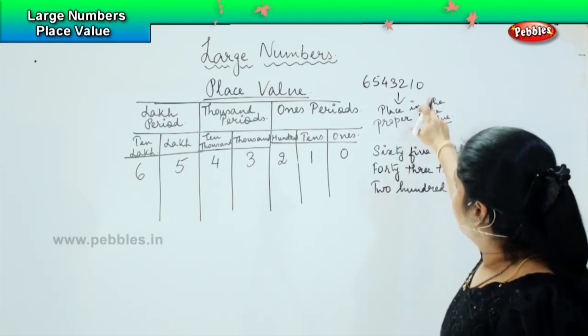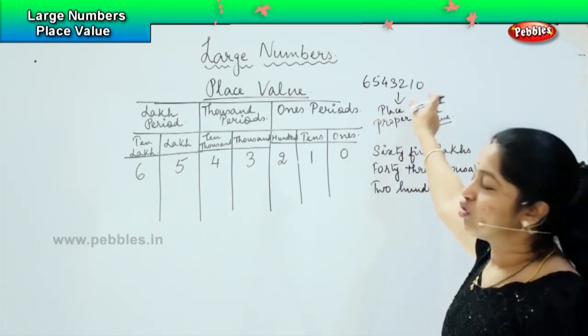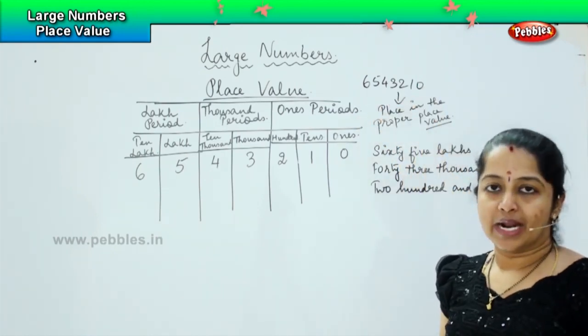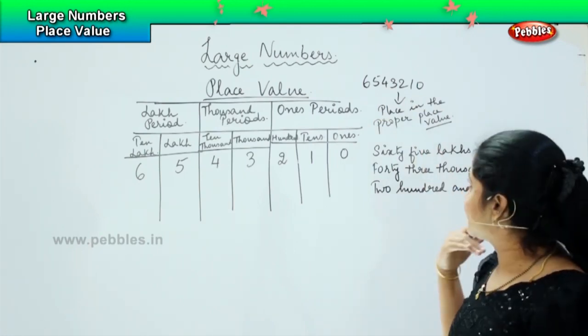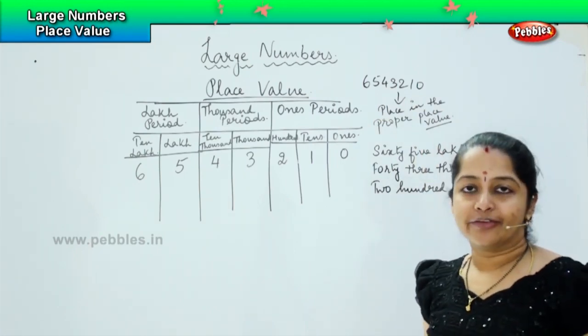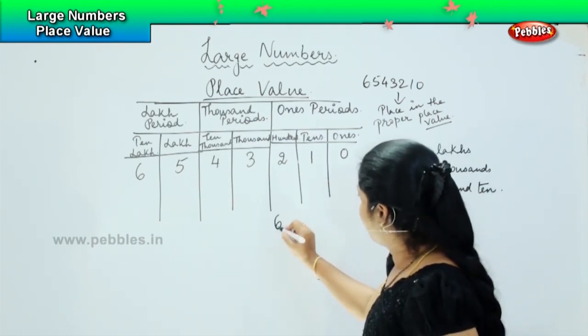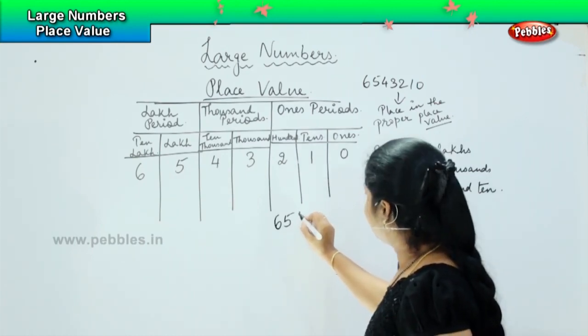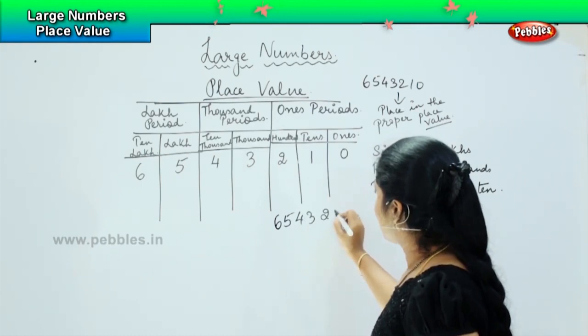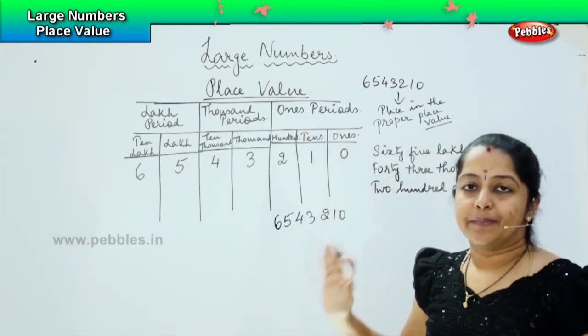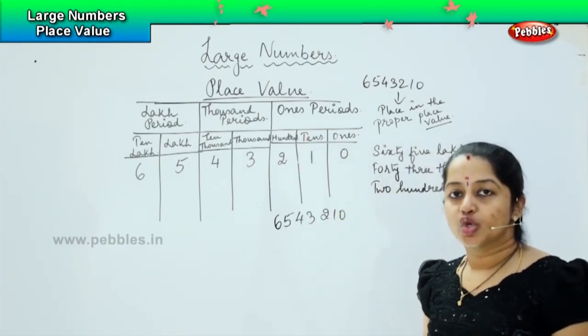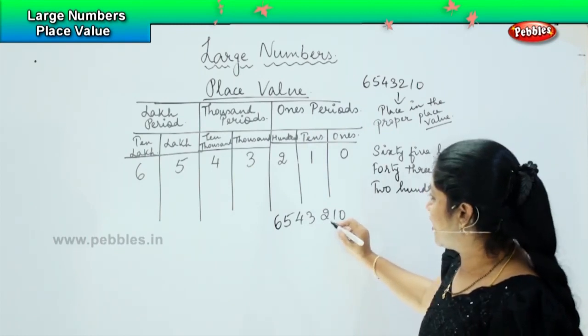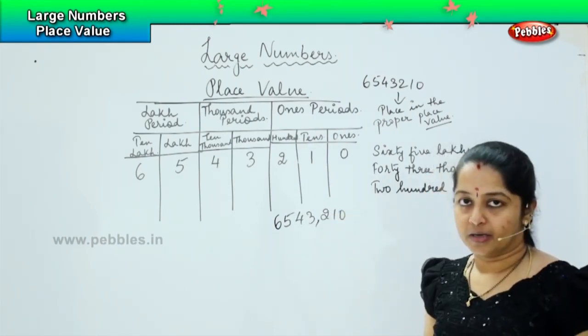Okay. Now, if I write just 6543210, I don't understand it properly. When I just have a glance, it is not very clear. So how will I write this to make it more simplified? As I said, we will be separating it with the periods. So the ones period is 0, 1, 2, right? I will put a comma here.